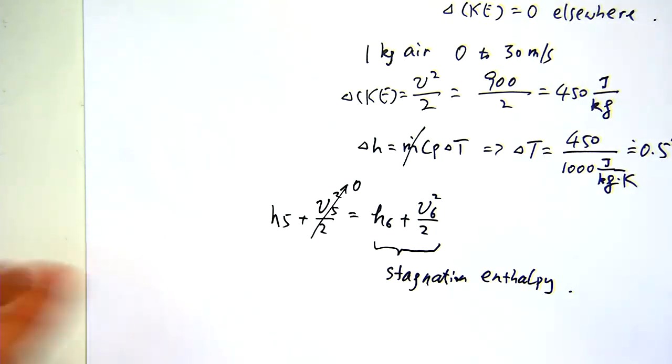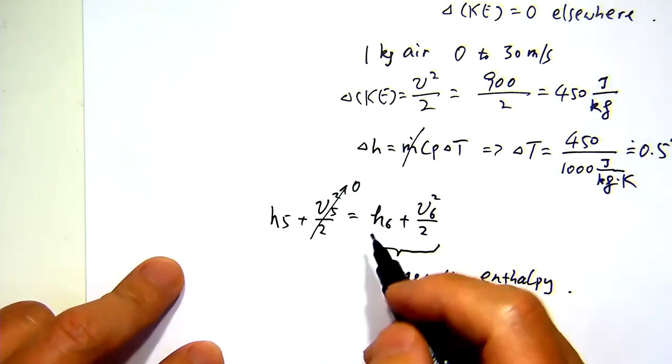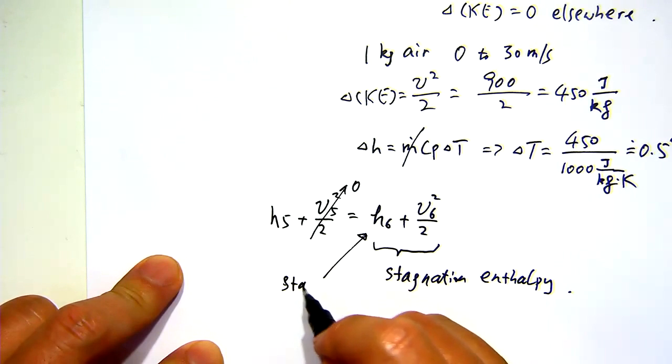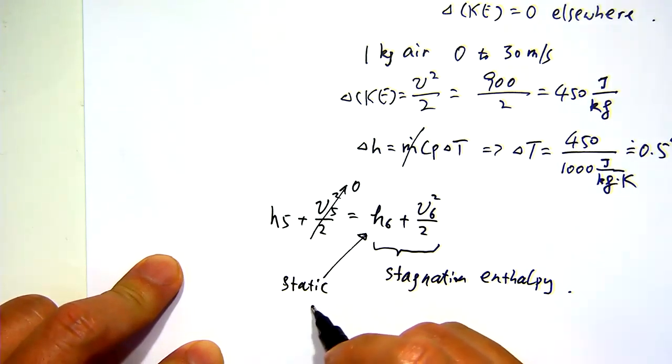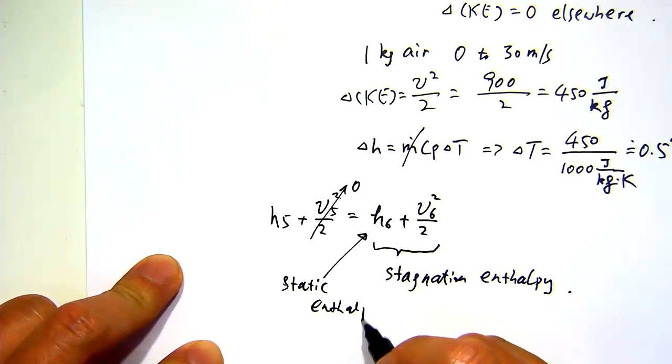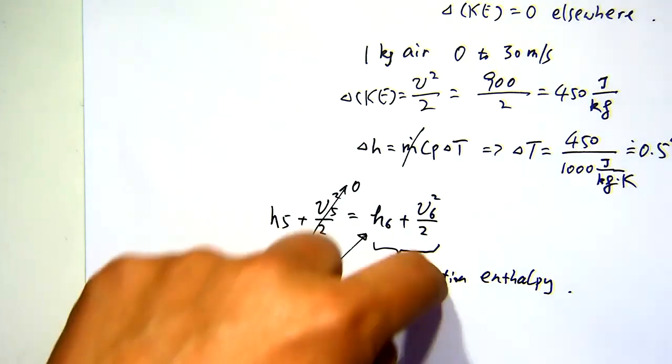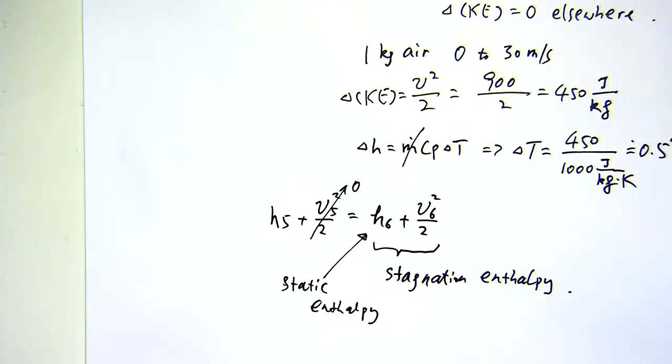Stagnation enthalpy is a new term, but essentially there's nothing new except that it's the static enthalpy plus the kinetic energy. So basically, it's two terms combined together. Now we call it the stagnation enthalpy.